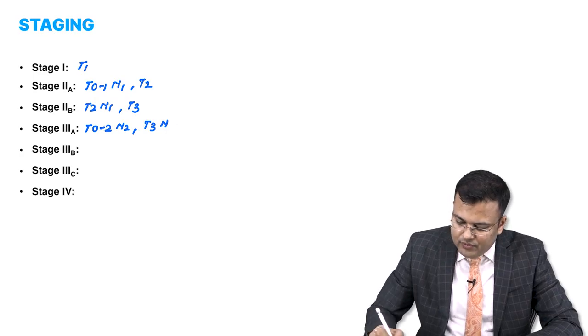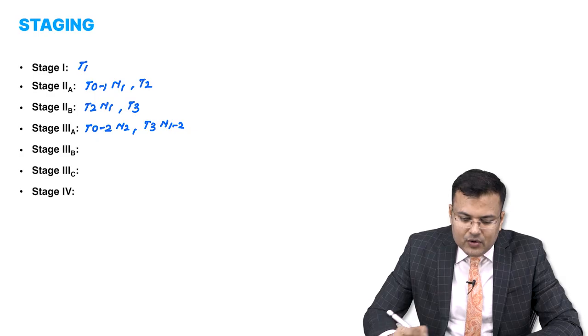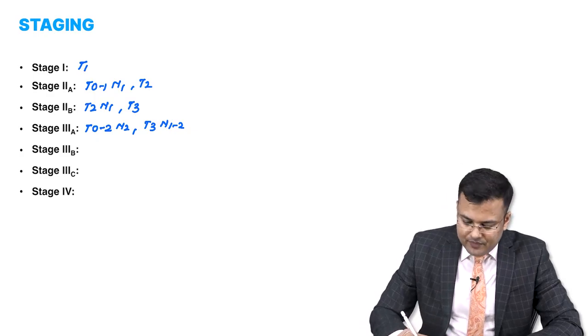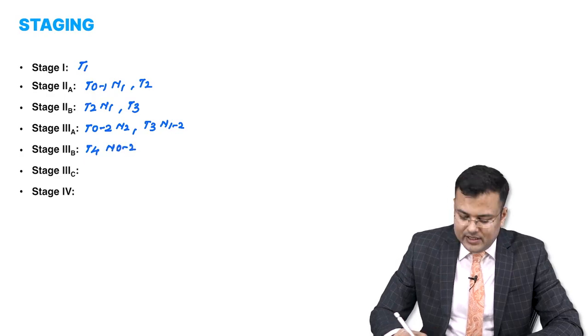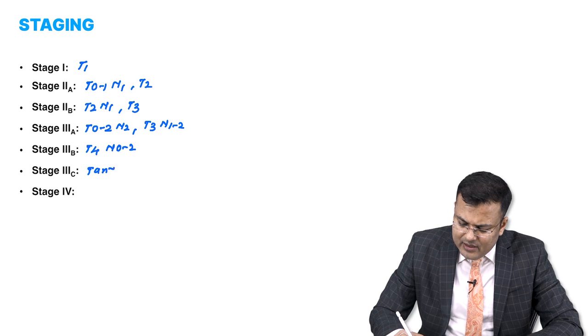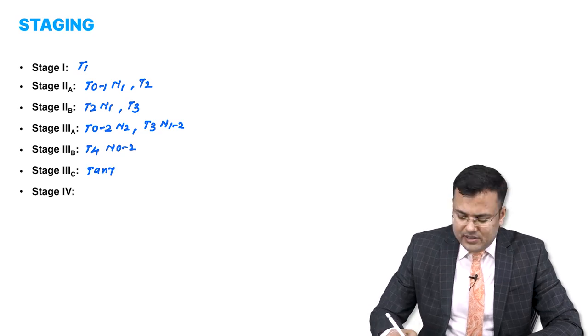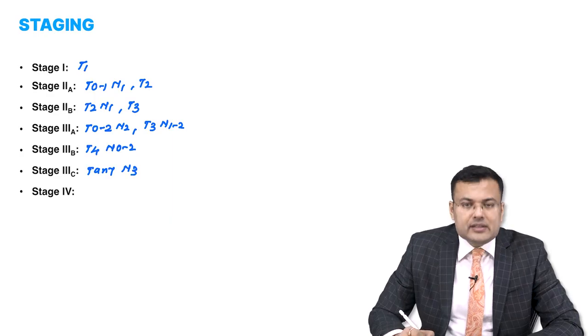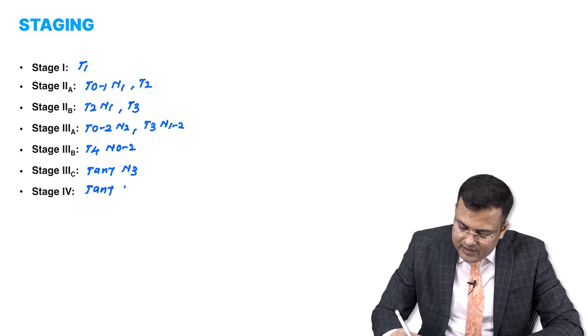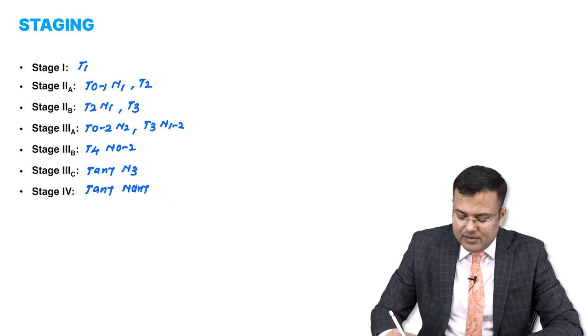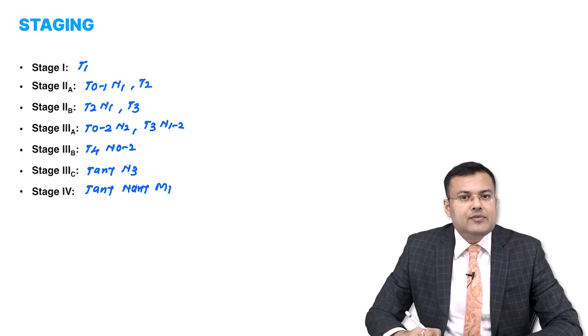Stage 3B is T4 N0 to 2. Stage 3C is any T, but if it is N3, it is 3C. And stage 4 is any T, any N, but if it is M1, that is stage 4.